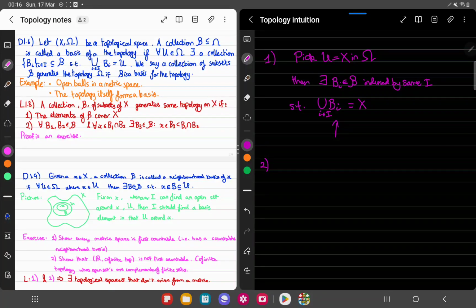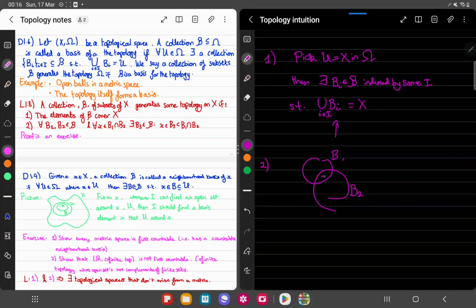The second bit. Let's see. For all x in the intersection, so maybe if I have two of these, B1 and B2. What we're doing here is we're generating any topology. We don't care about whether or not it generates a specific topology.